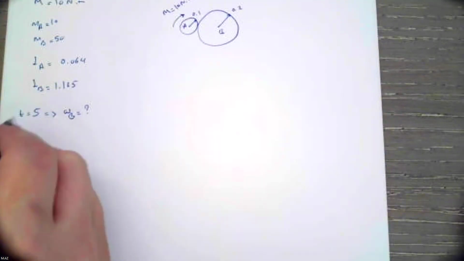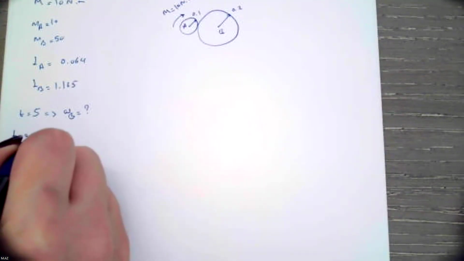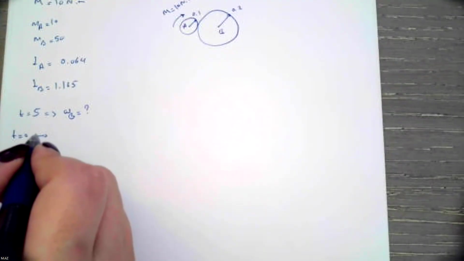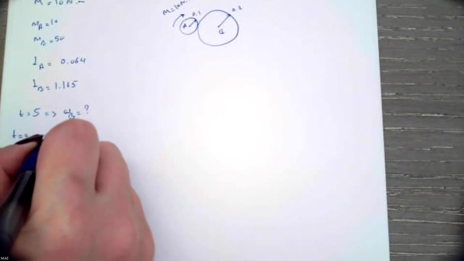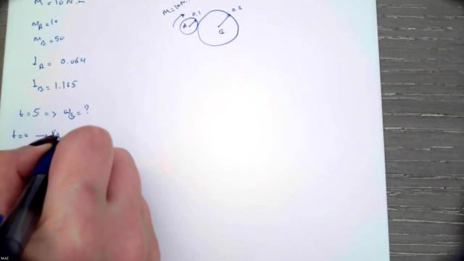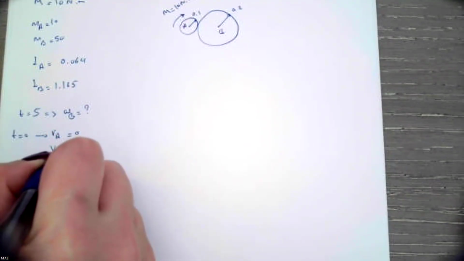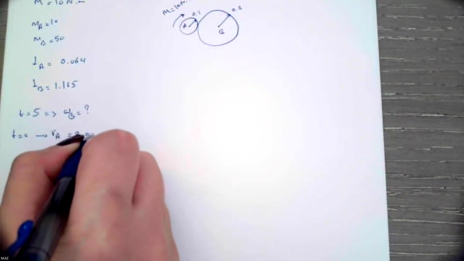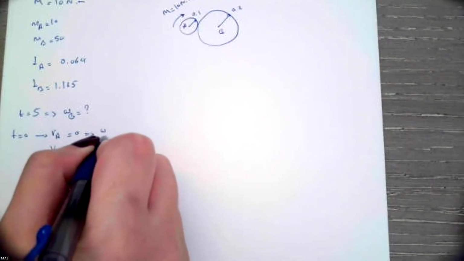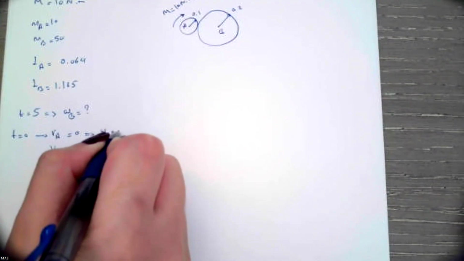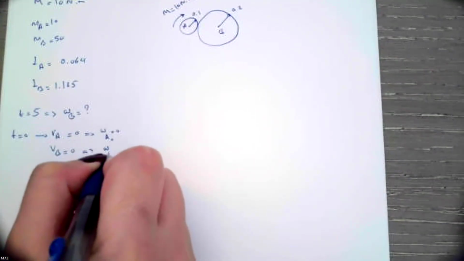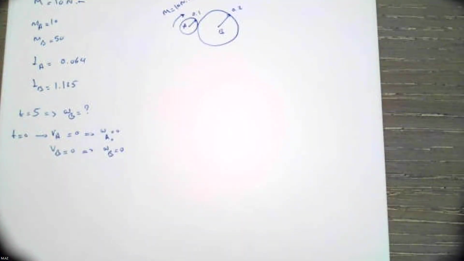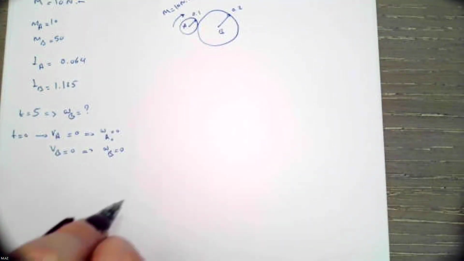Also, the problem mentioned that at time 0, gear A and gear B are stationary. For this reason, the velocity of gear A is 0, and for gear B is 0. Also, we can say omega A at the initial time, or at time 0, is 0. This is for gear B.